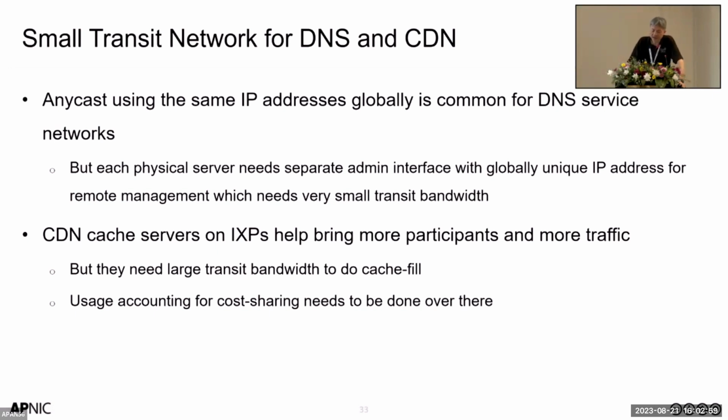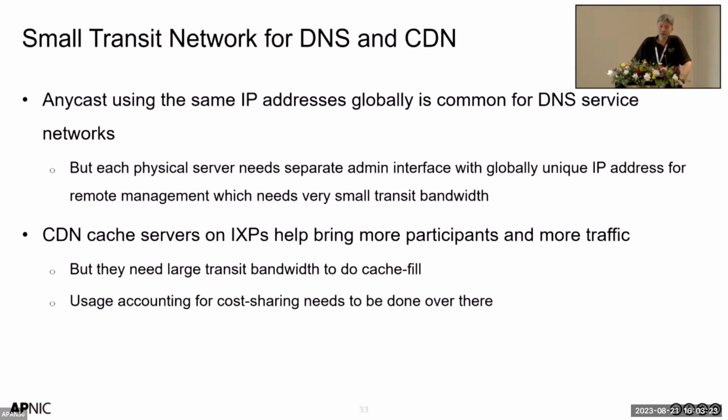But behind the scenes, each server needs another interface for admin purposes. And the admin interface, of course, needs transit bandwidth, a transit network to support. But usually the bandwidth needed would be very small. So in order to support this kind of service, it's relatively easy.